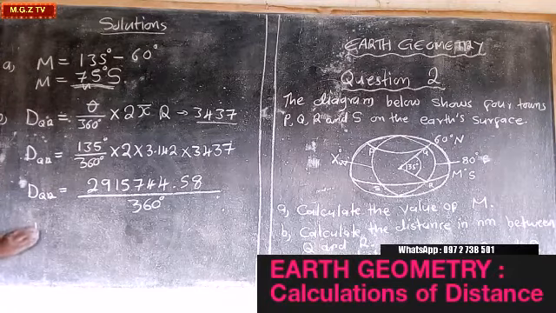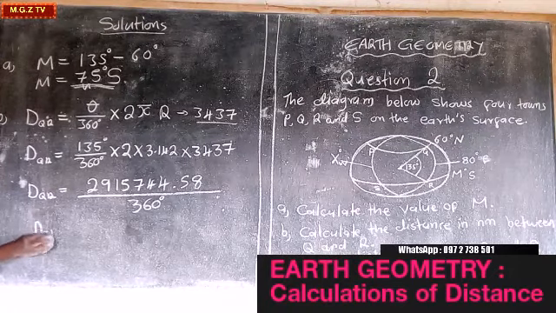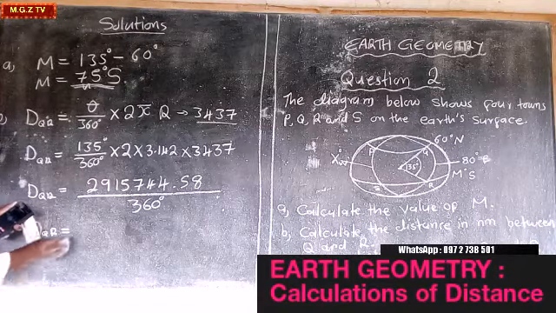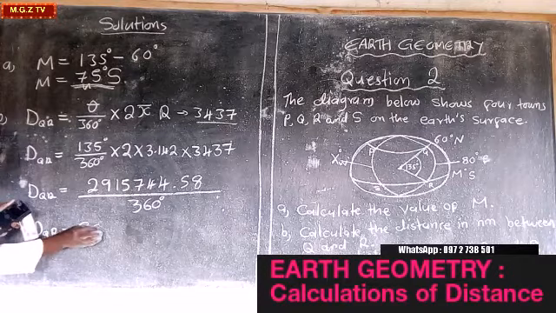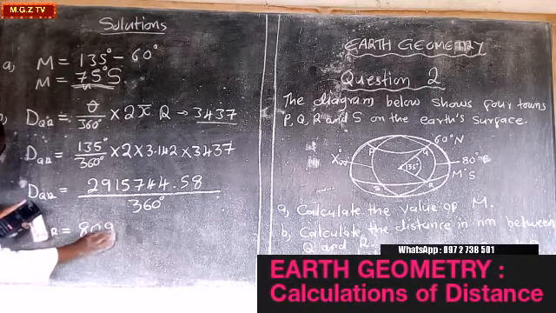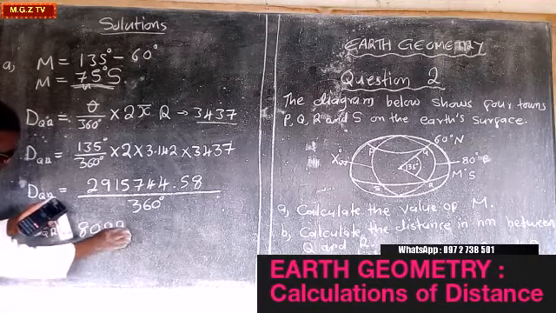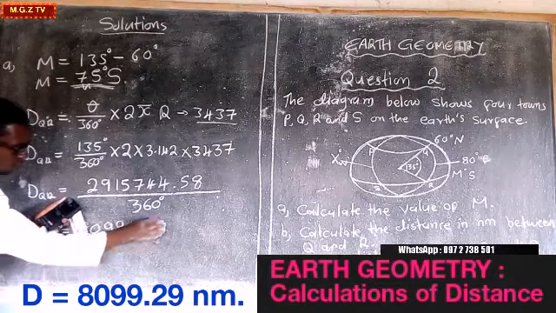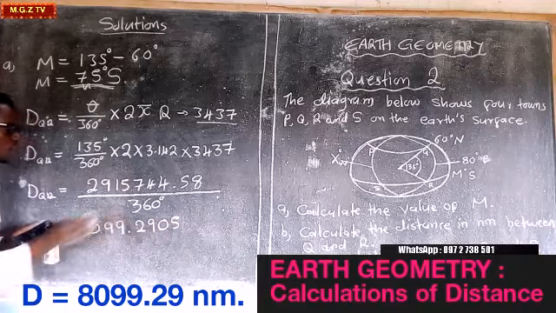What the calculator is showing is 8099.2905.